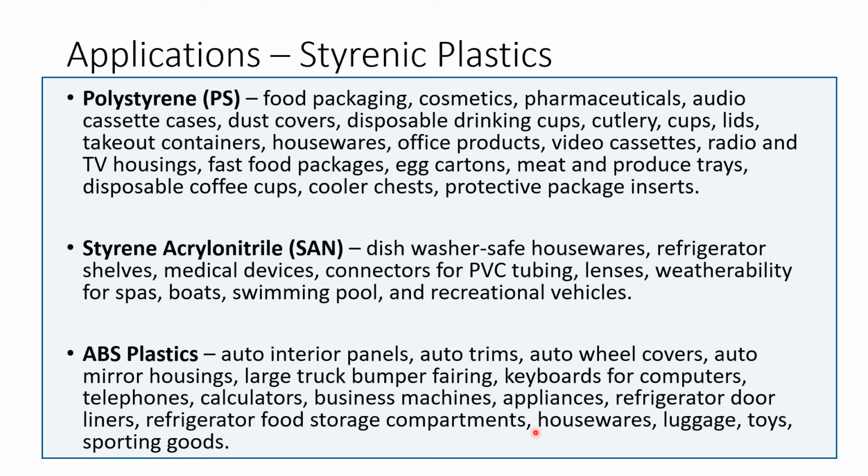Your ABS plastic we use in refrigerators, food storage compartments. So that's your ABS plastic. It's not the same as SAN or PS. Your luggage, your toys, your sporting goods. Your computer keyboard is ABS plastic. Your computer housing is also ABS plastic. But just read through it, please.